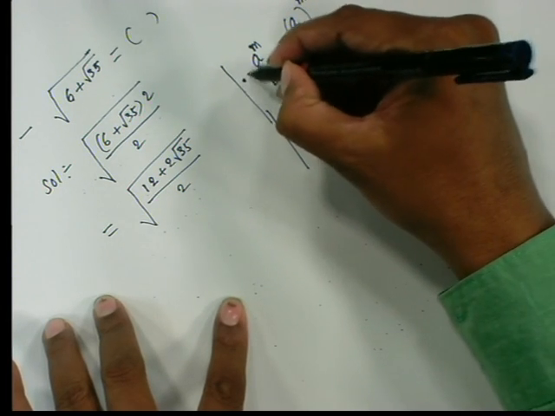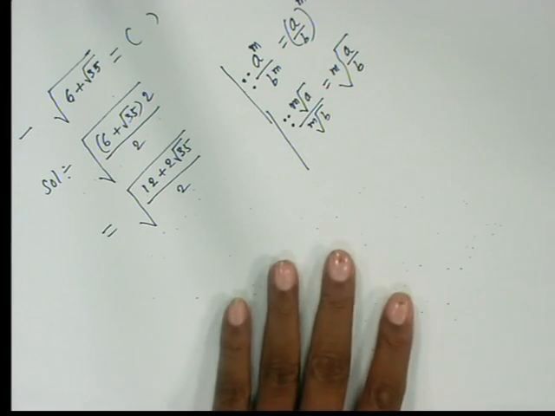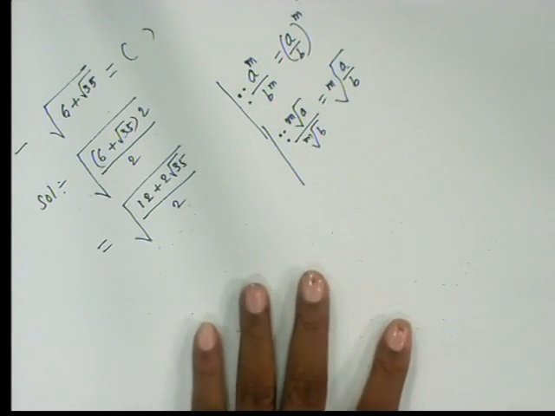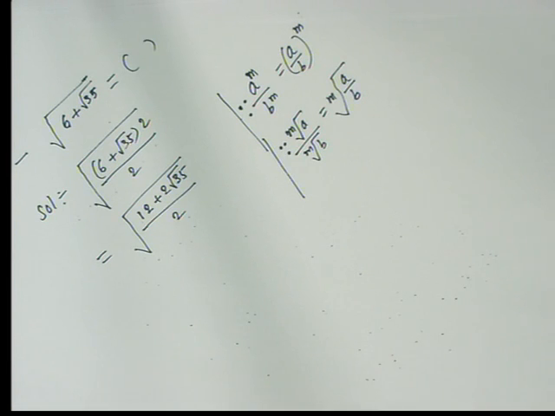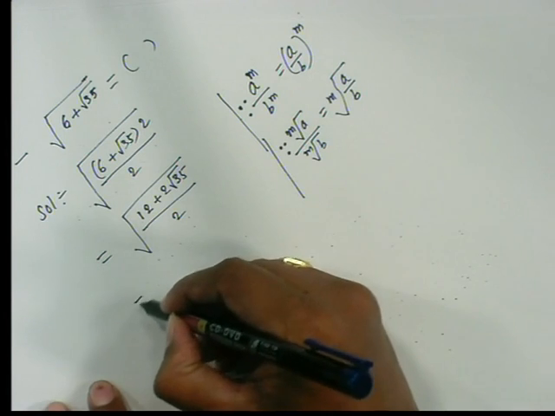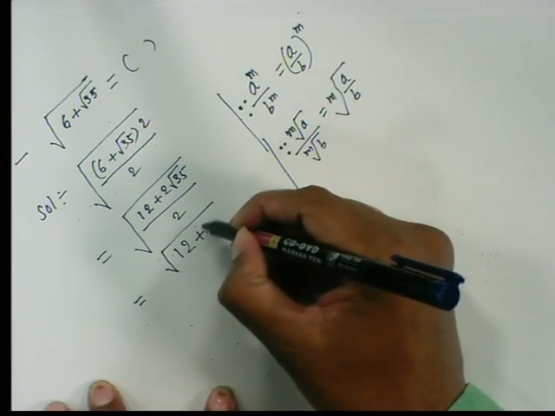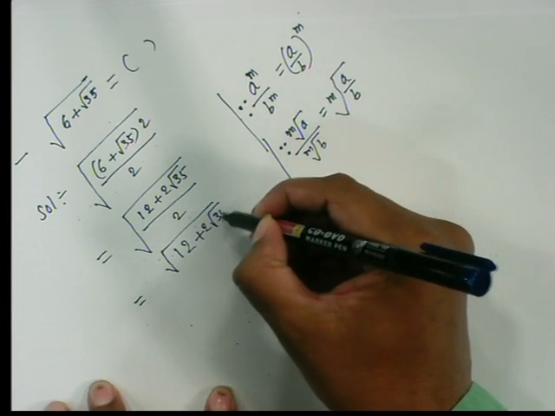These results we have to keep in mind. So, theory of indices plays a major role. That is why this can be written now as square root of 12 plus 2 root 35 by root 2.